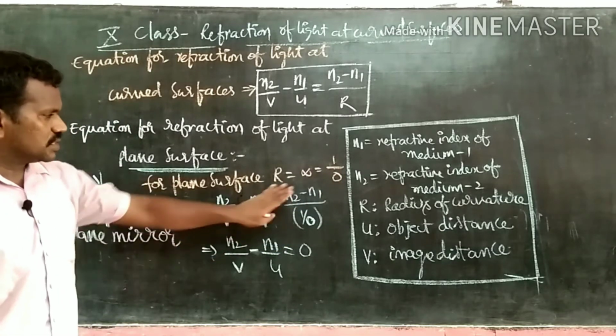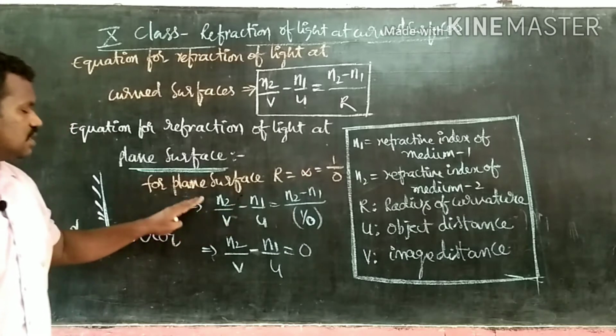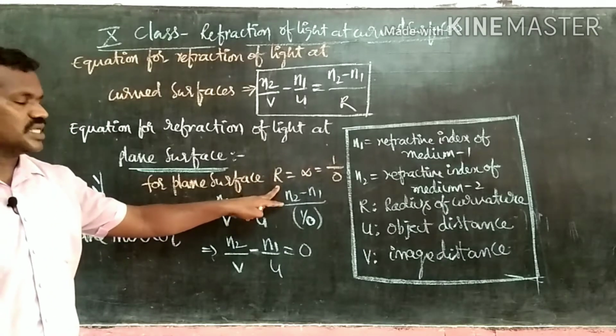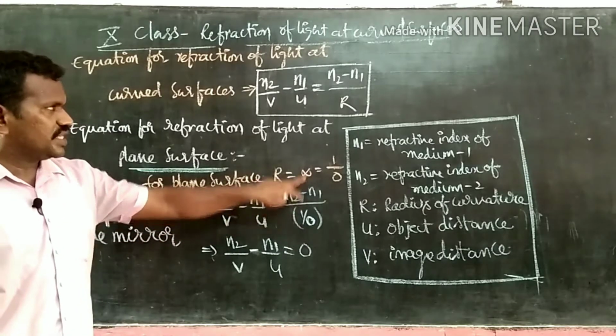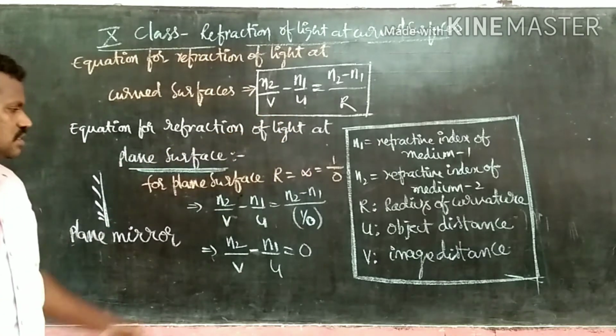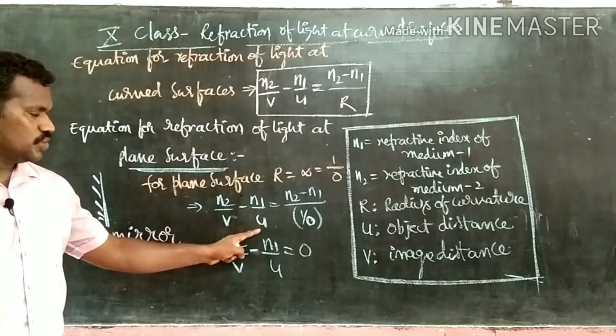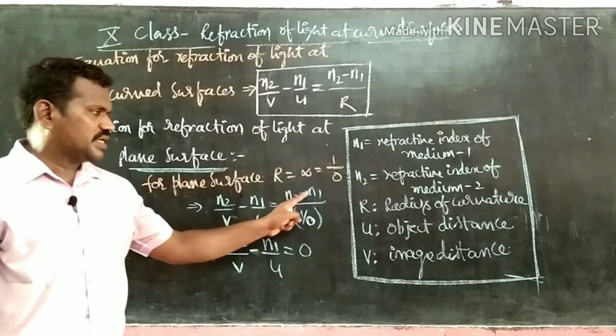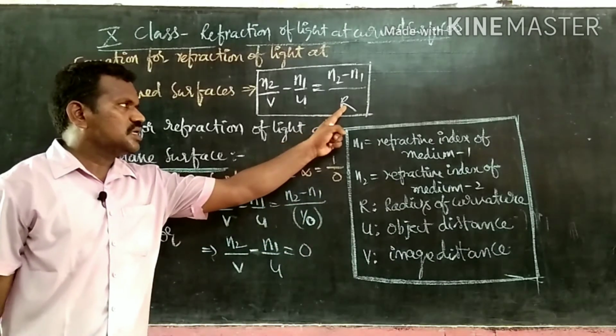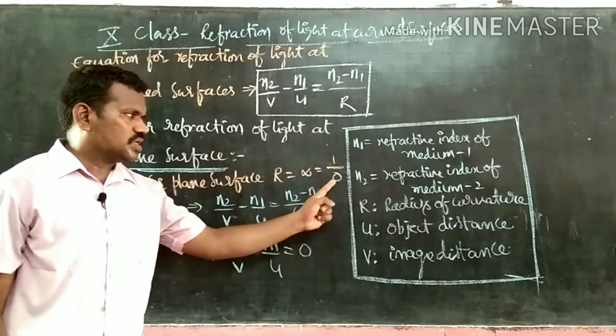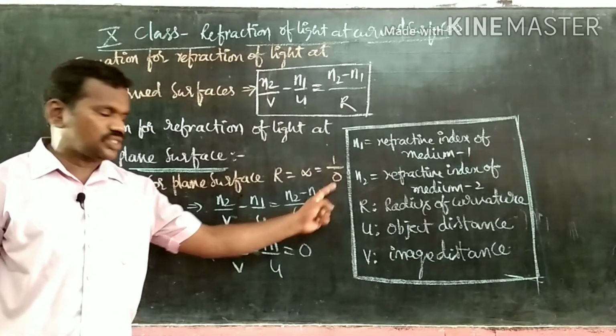Now, substituting in the equation N2 by V minus N1 by U is equal to (N2 minus N1) by R, instead of R we are going to write infinity, or otherwise 1 by 0.